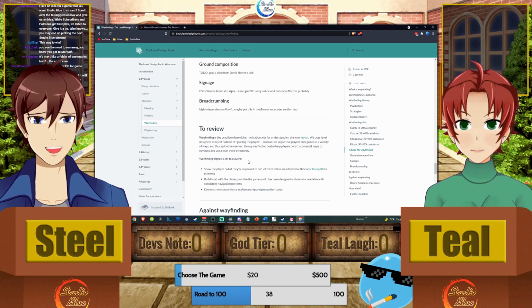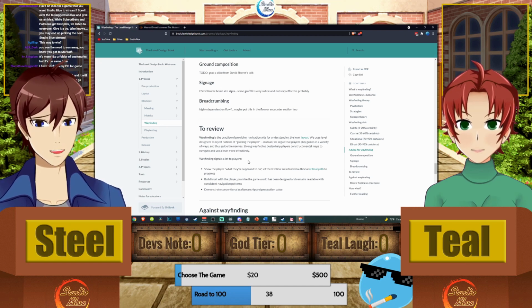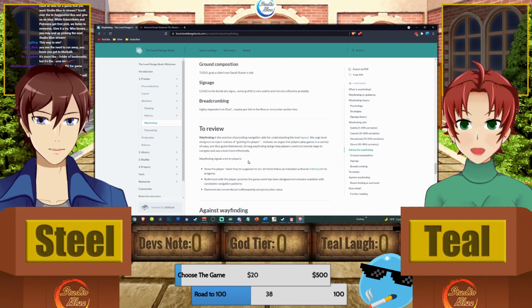And that's regardless of whether it's a 3D or a 2D game. So all of you 2D devs out there, don't think you have to disregard this. In fact, you need to do this even more than a 3D dev because you're on restricted access. Yes, you are. So you really got to up your game when it comes to wayfinding.